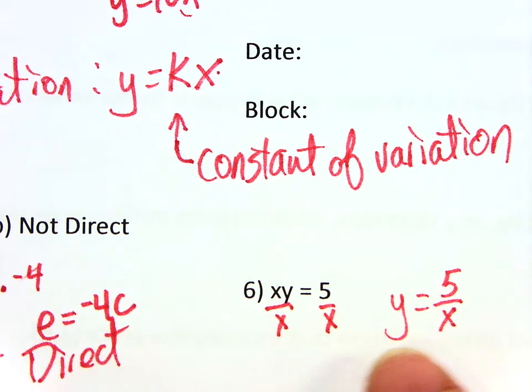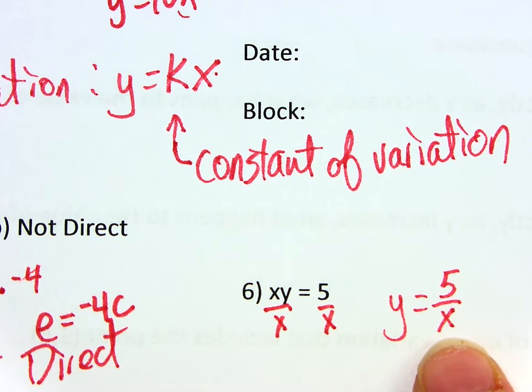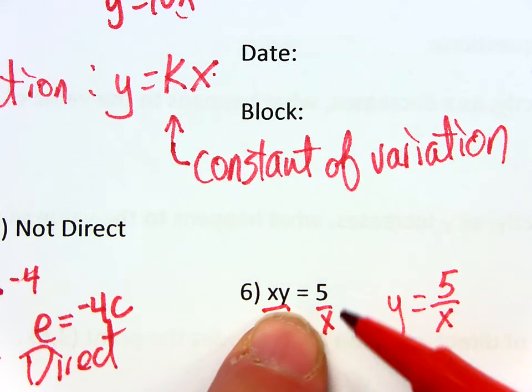Well, is this the same? Because remember this, y equals some number times x. This is y equals some number divided by x. Anything else you can think of that I could try? I don't think there's anything you can do.